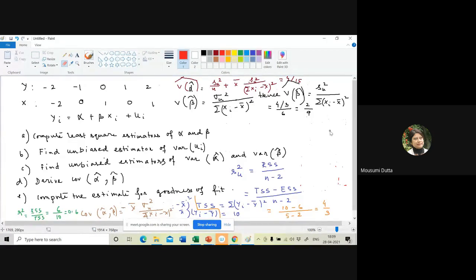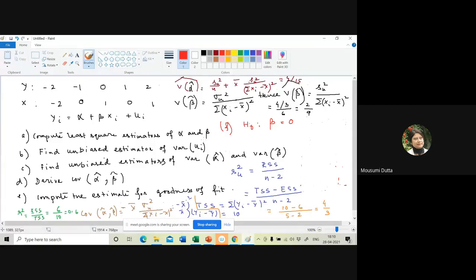Okay, so for part F, H naught colon, if nothing is mentioned, in that case you can consider the alternative specification as not equal to 0. So the null hypothesis is given by H naught colon beta is equal to 0.